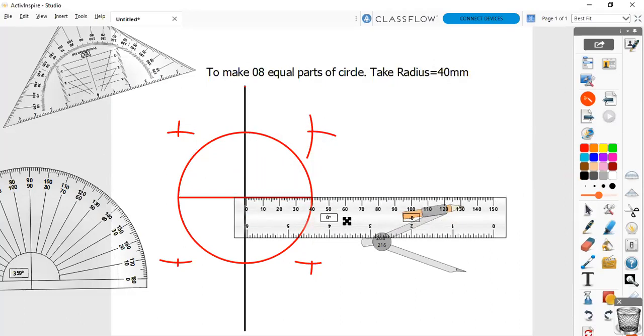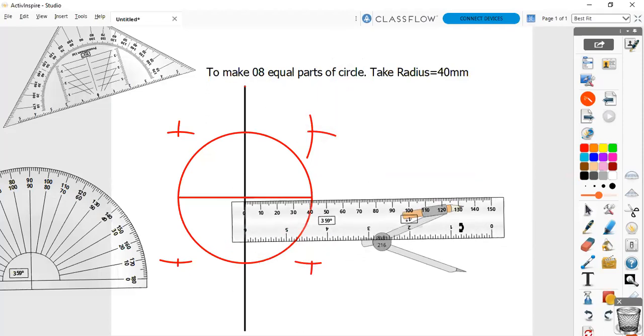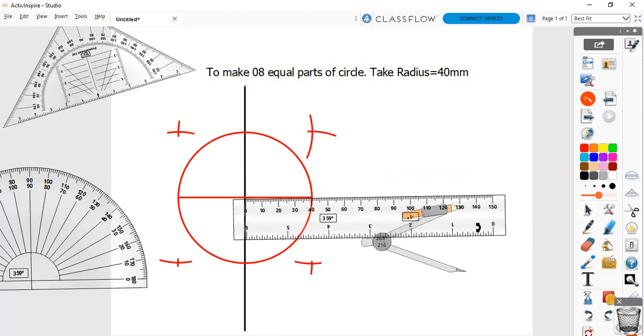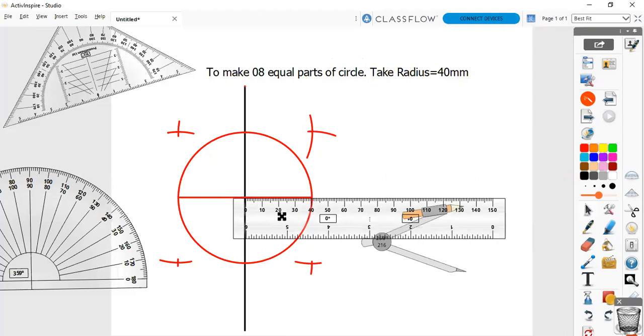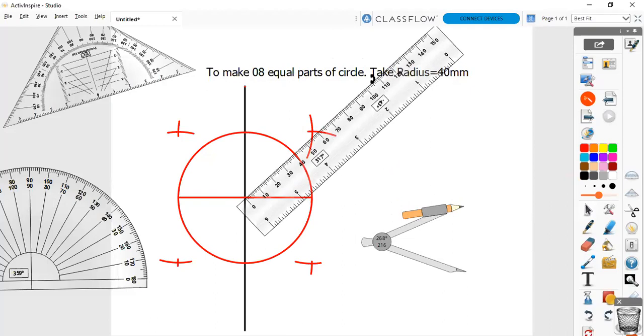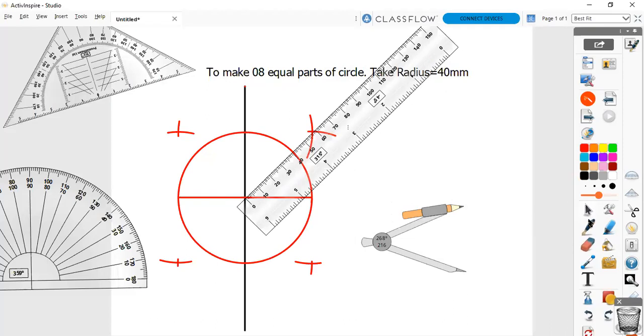Now again use this ruler, set it at 0 point over here, rotate it at the bisection of this arc, and from this point you can easily draw one line, and it will go to this point by joining it.